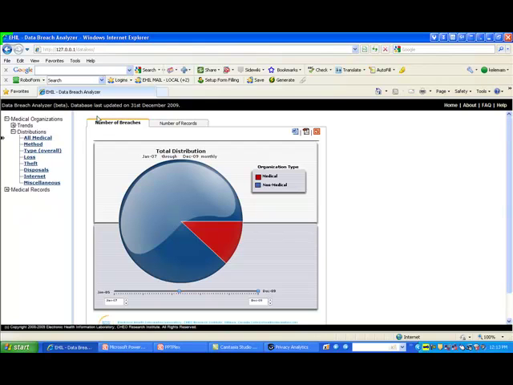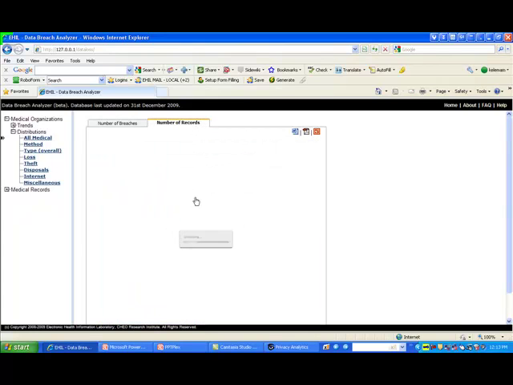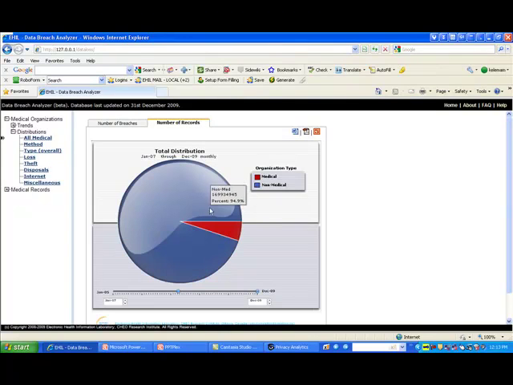This is only counted in the U.S. Out of all the total breaches, there were 174 breaches collected in this registry, which represent about 12% of all breaches, that were medical. So they involved healthcare organizations. And in terms of the number of records, about 5% of all the records involved in breaches were medical records.